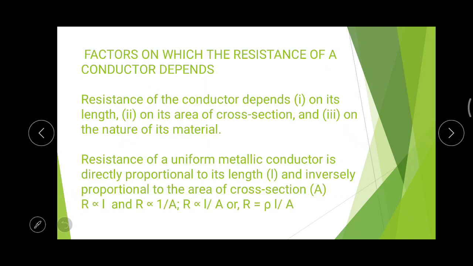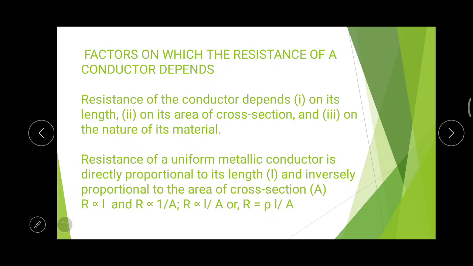Now the factors on which the resistance of a conductor depends. Actually the resistance of the conductor depends majorly on 3 factors. The first one is the length of the conductor, the second one is the cross sectional area of the conductor, and the third one is the nature of the material. First of all, the resistance is directly proportional to the length of the conductor.